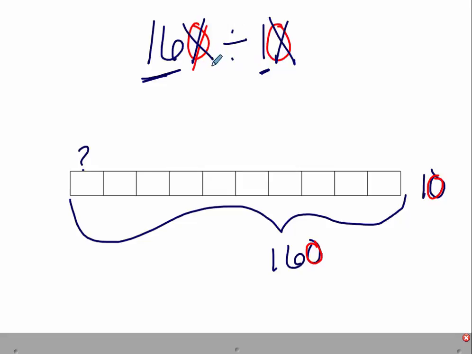The divisor is splitting us into groups. So we know for every group there's 16. So I could put 16 in every group. I've got to put a 6 there.